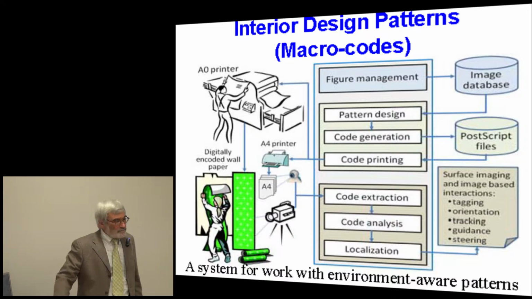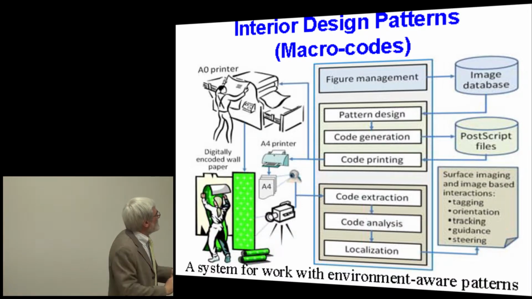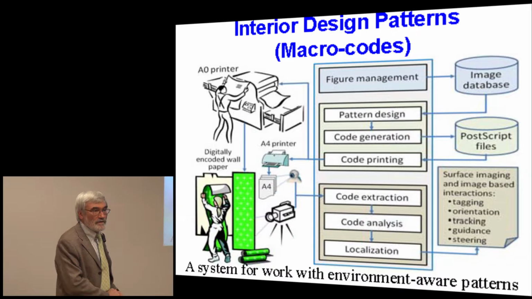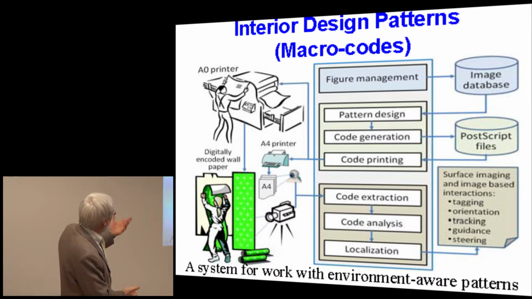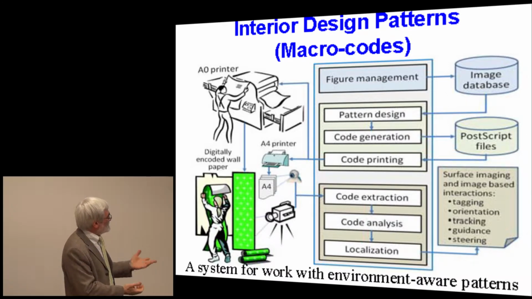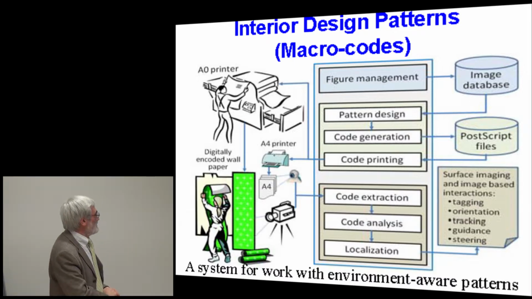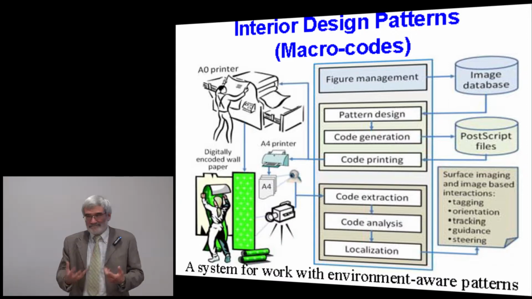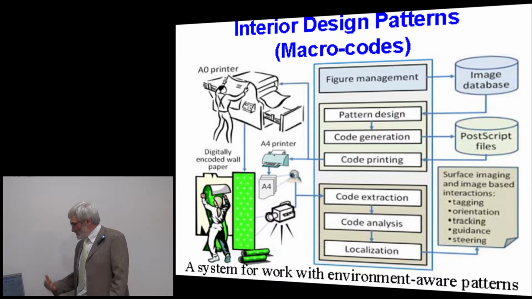For larger size or macro codes, we played with wallpaper. So wallpaper is like a large A0 size printer, and then we create some interior so that mobile robots and camera-enabled gadgets can actually position themselves in respect to the wall.